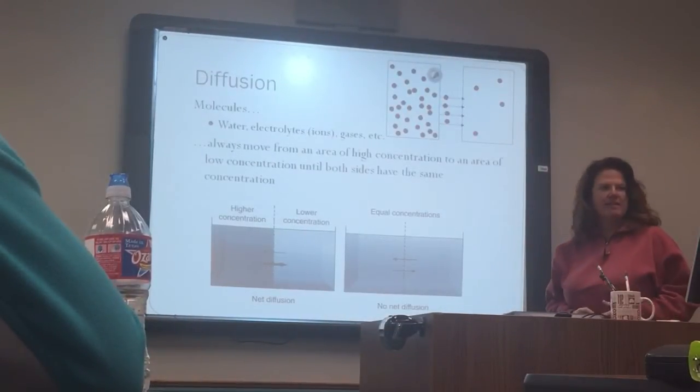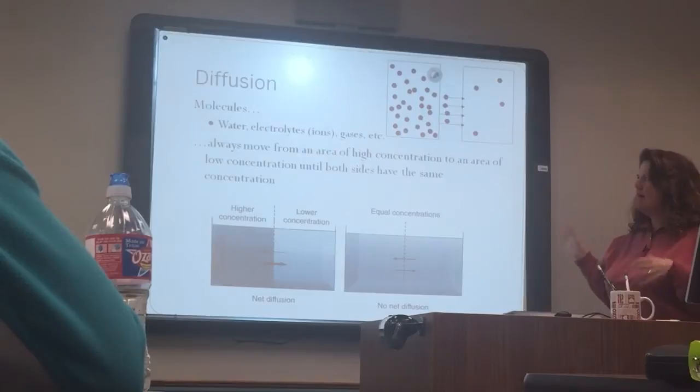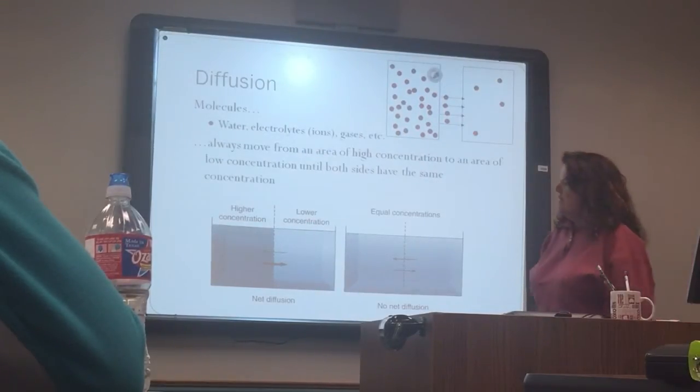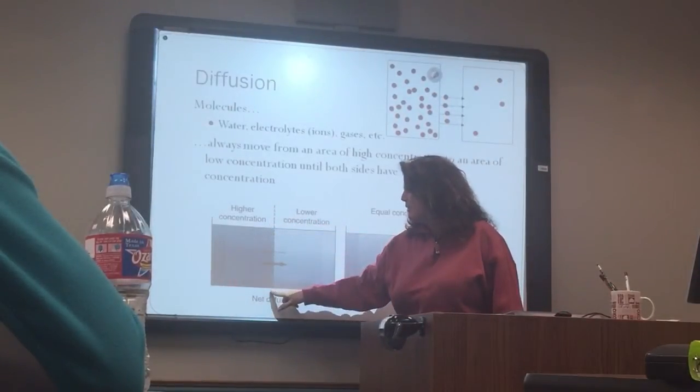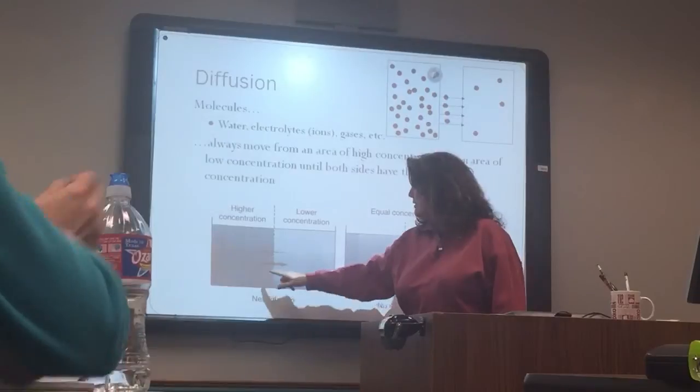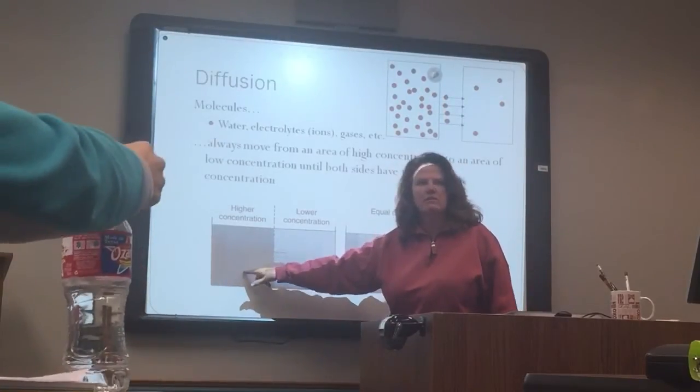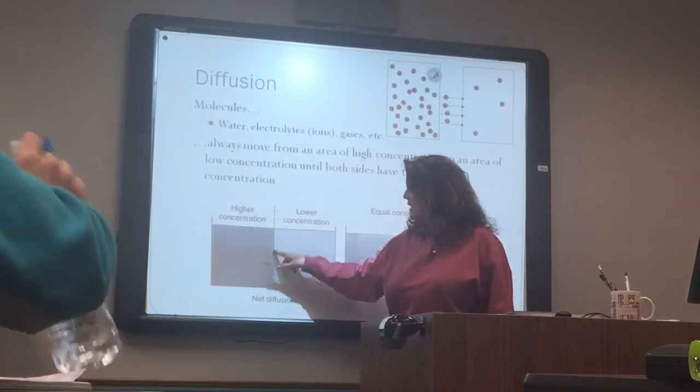Okay, so diffusion is a characteristic of molecules to go from high concentration to low concentration until both sides are even. This is from your textbook. This is a membrane that is permeable to these little black dots, whatever they are.